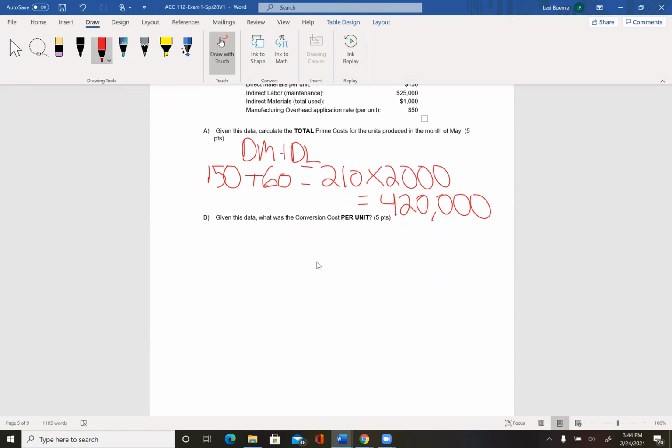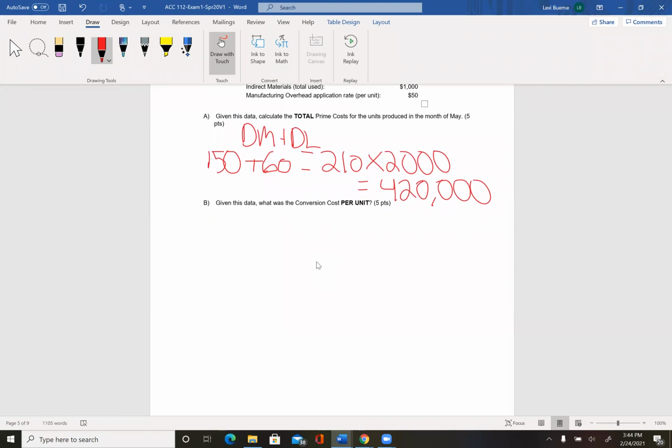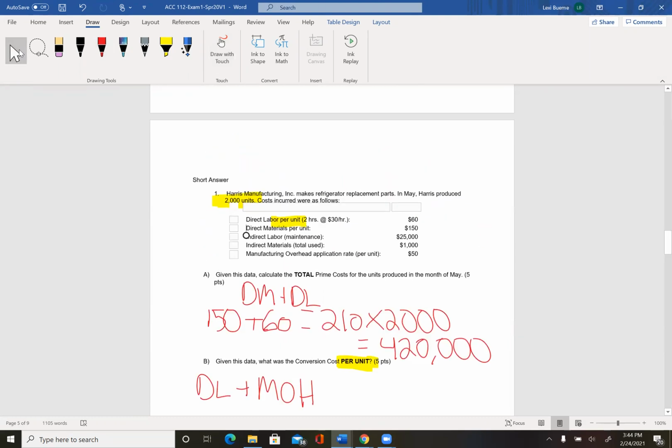And now for conversion cost, this is just asking per unit. So you're not going to need to multiply it by the 2,000 like we did up here, since it's just asking per unit. And the conversion formula is direct labor plus manufacturing overhead. Your direct labor is shown above, the 60.